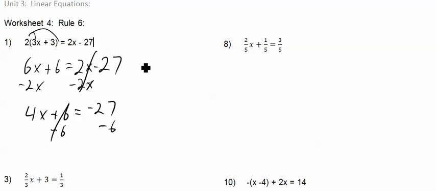We're left with 4x equals negative 27 plus negative 6, or minus 6, is minus 33. Divide both sides by 4.